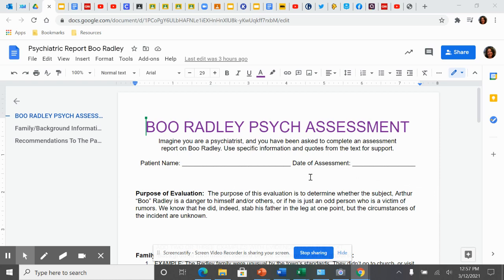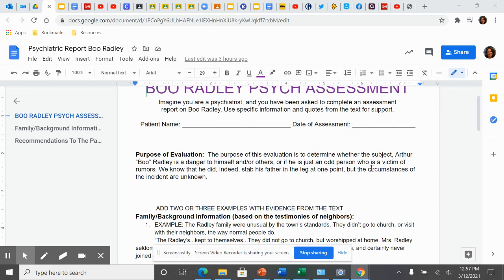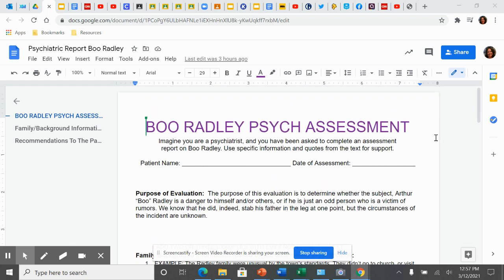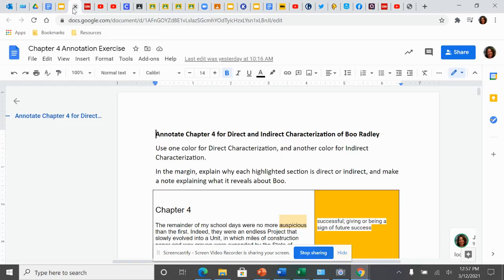You all will probably end up doing this on Monday, but I wanted to show it to you because this is the end result of the work that we are going to do in class, which is annotating chapter 4 for direct and indirect characterization of Boo Radley.